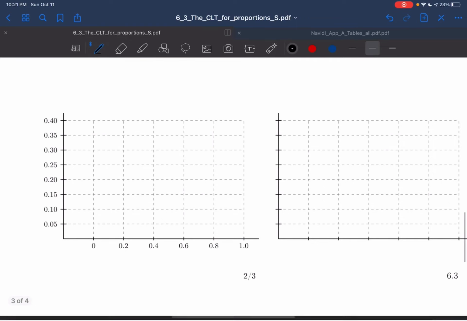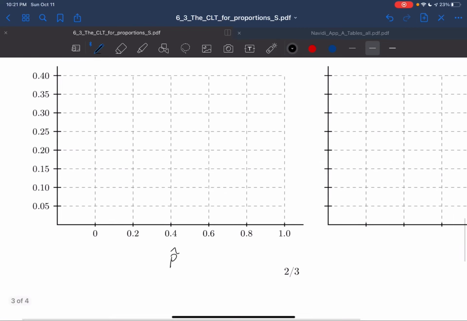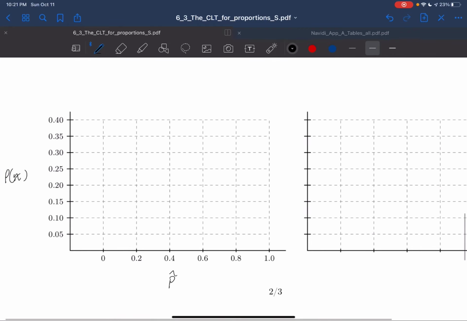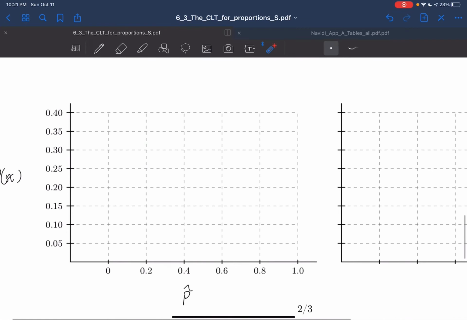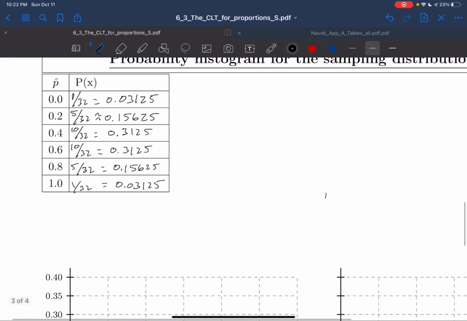Cool. Now that we have our table, we can construct its histogram. So here on the x-axis, this will be our p hat, or our sample proportion, and here would be our probability, p of x. So here, 0 goes up to 0.03125, so roughly around here. And then this will be around here, because 0.2 goes up to 0.15625.